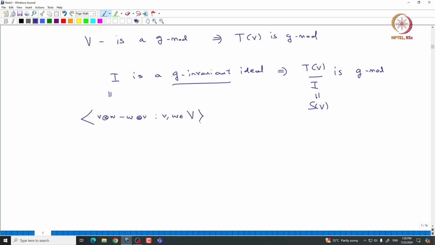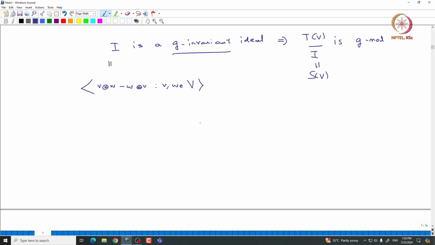So, it is enough to say that when you act via an element x in G, these generators leave the ideal invariant. Okay. So, let us look at what happens. Let us act by x on this generator V tensor W minus W tensor V. Then what do we get exactly?